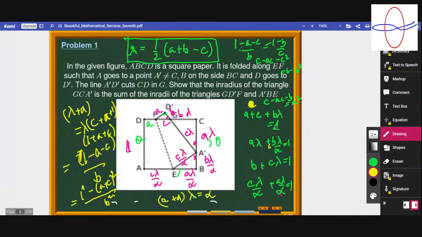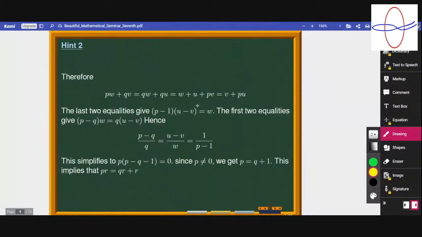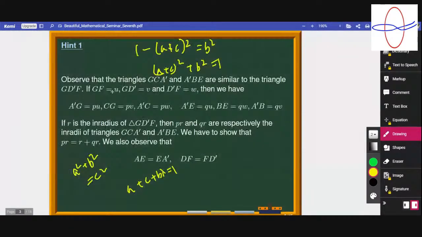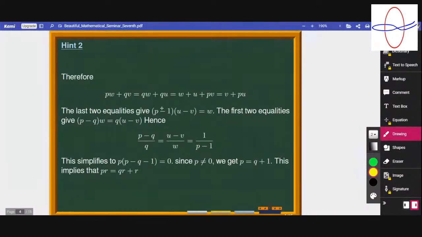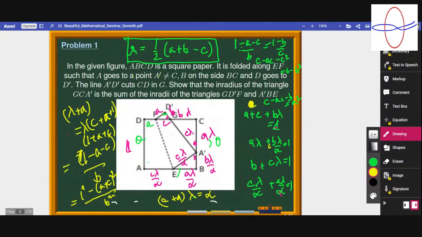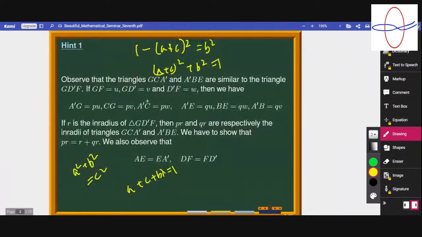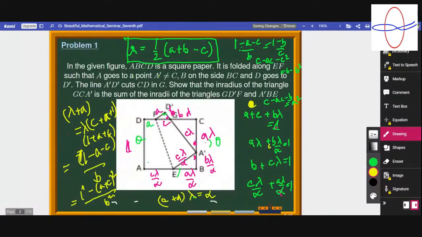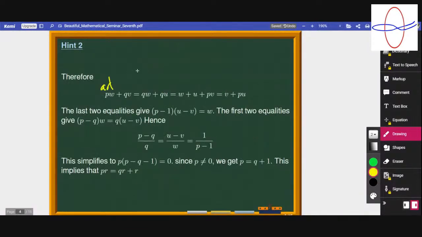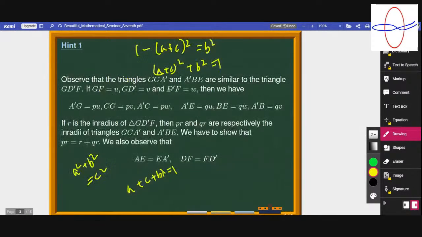Yes. Okay. So the idea is like this, okay? If you just check what it's done over here, PW is A dash C, okay? So what is A dash C? It's A lambda plus QV is A dash V, B lambda by alpha is equal to QW, which is BE.